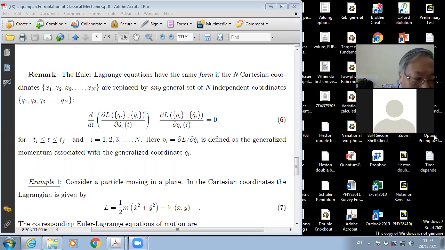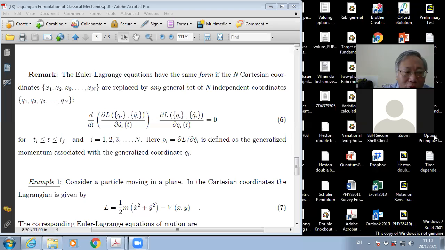So up to now, instead of accepting Newton's equation of motion, which is supported by empirical or experimental evidence, we put forward our fundamental principle, namely the principle of least action. All right.